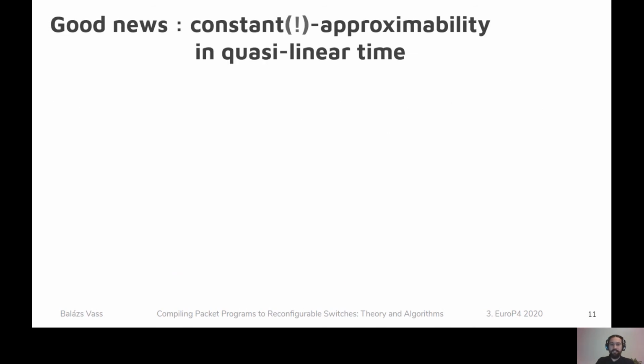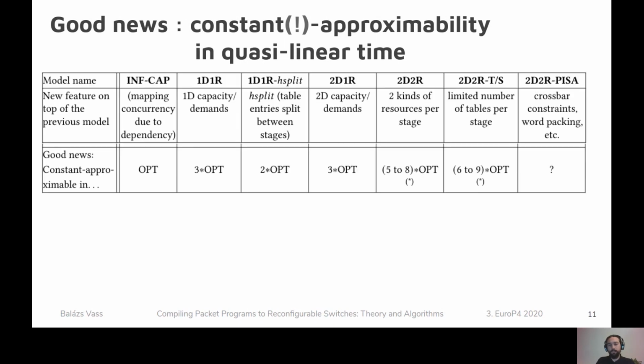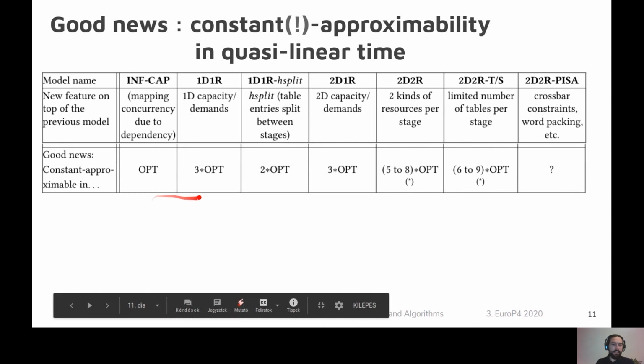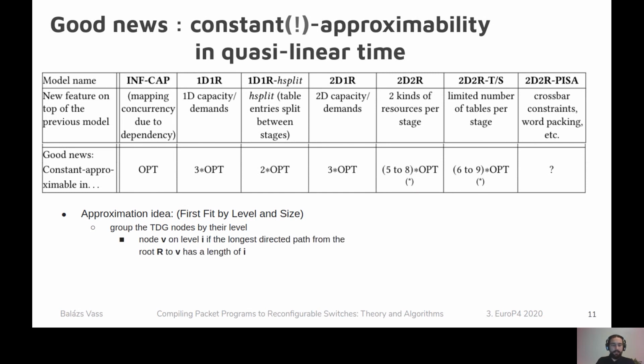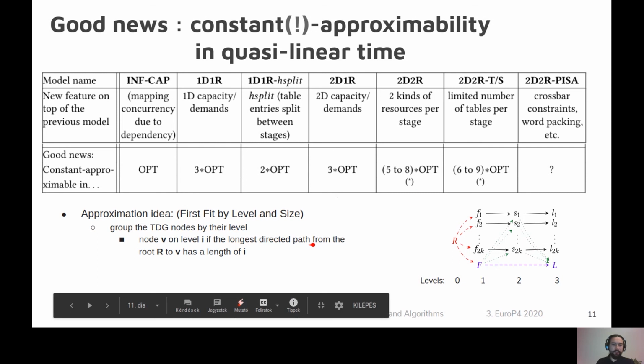We have good news on the bright side. We have constant approximations in quasi-linear time on all of these problems. Here are our worst case constants for these approximations. The idea, which we call first fit by level and size, is that we group the TDG nodes by their level. Here, a node V is on level i if the longest directed path from the root to V has a length of i.